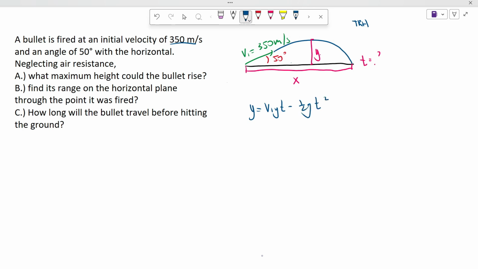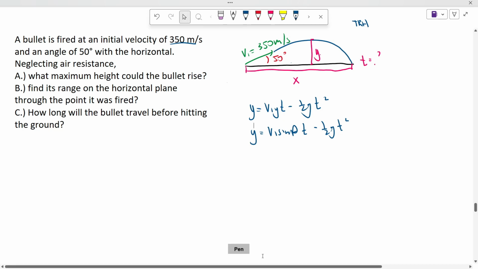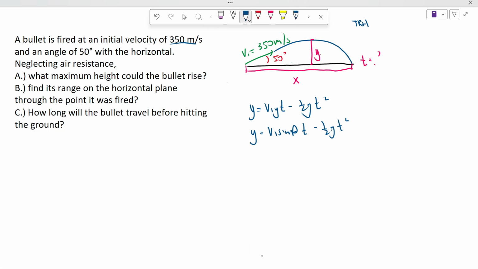Since the VIY is equals to what? Y equals VI sine of theta t minus 1 half GT squared, diba? The VIY is equals to VI sine theta. Gets? From the formula na pinakita ko kanina.